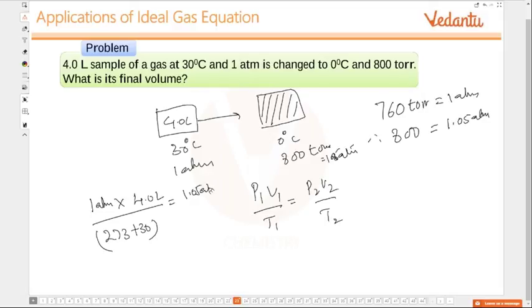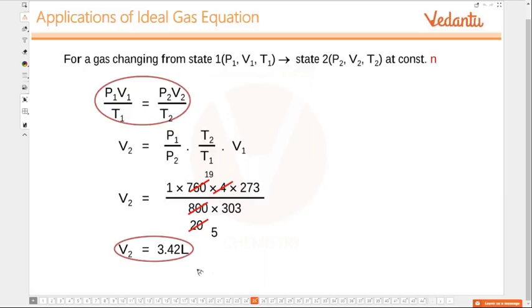So when you calculate this, how much you will get, just see. Is this the value which you're getting?